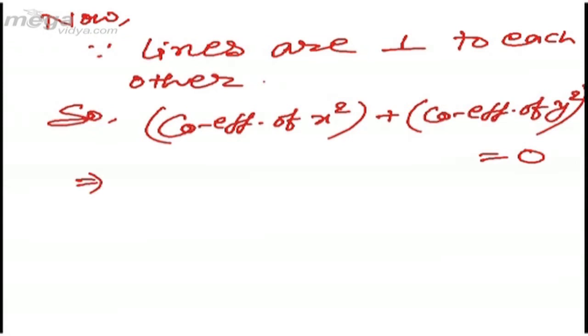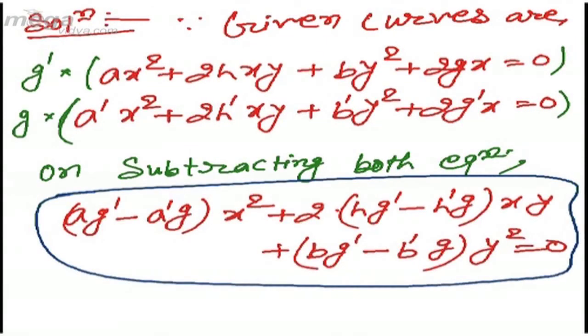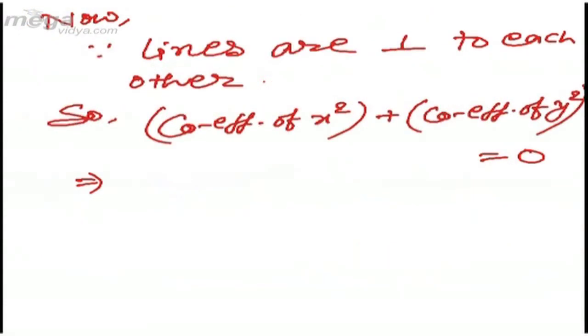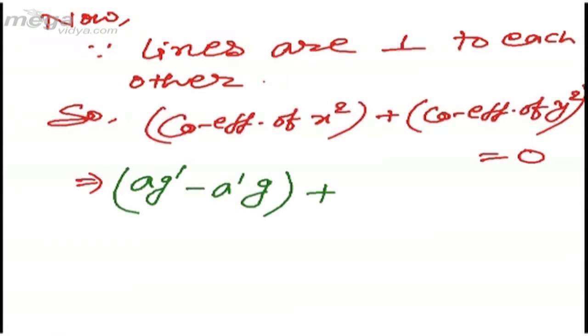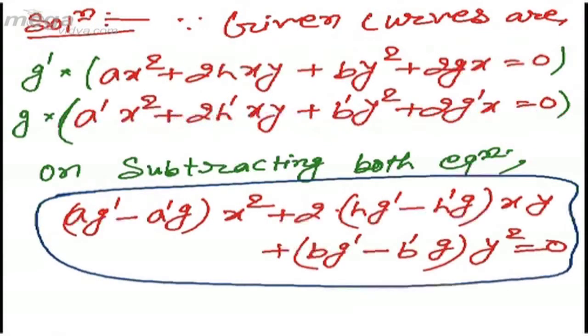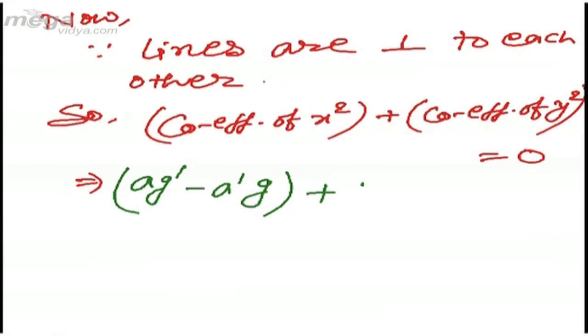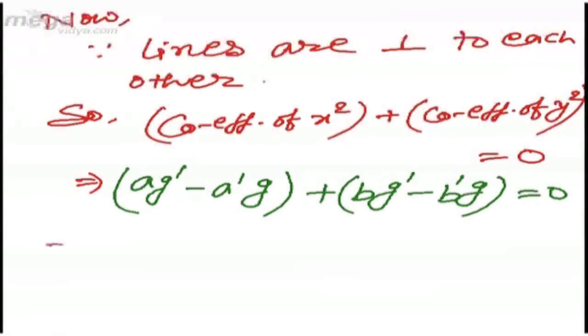Here the coefficient of x square is a g dash minus a dash g, so you can write a g dash minus a dash g plus coefficient of y square, b g dash minus b dash g, is equal to 0.